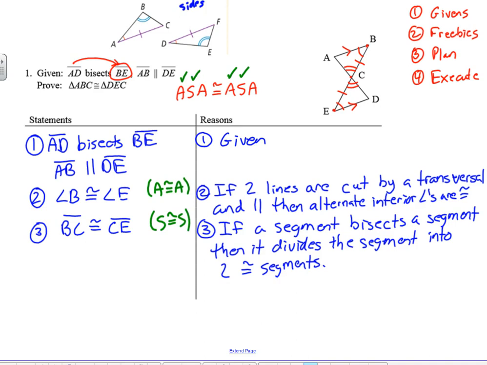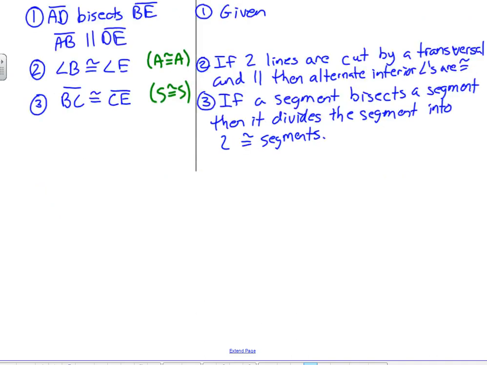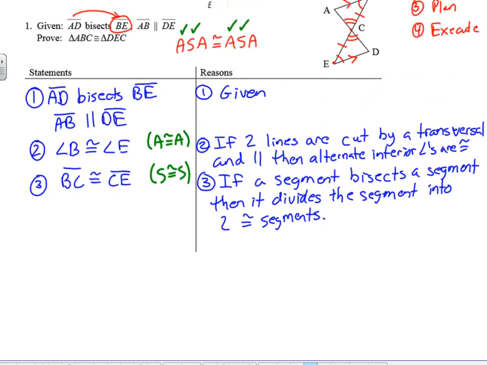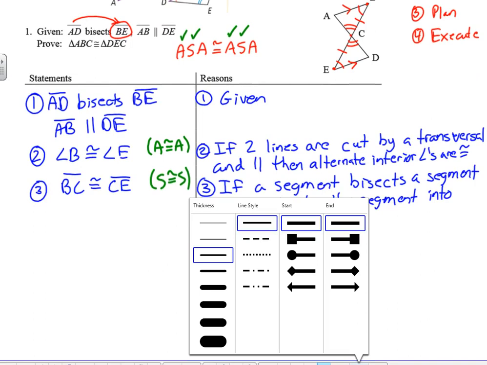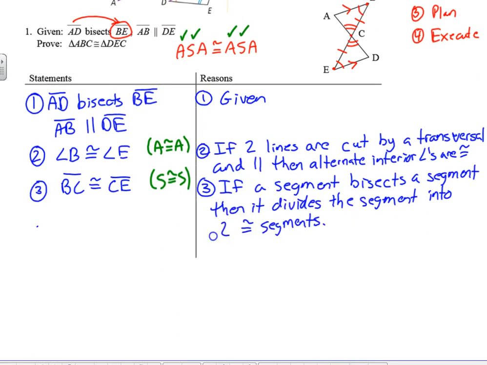Now again, as I noted before, the last angle pair you could get multiple ways. Because of the plan that I've chosen, I'm going to use vertical angles here. So I'm going to say that angle ACB is congruent to angle ECD.